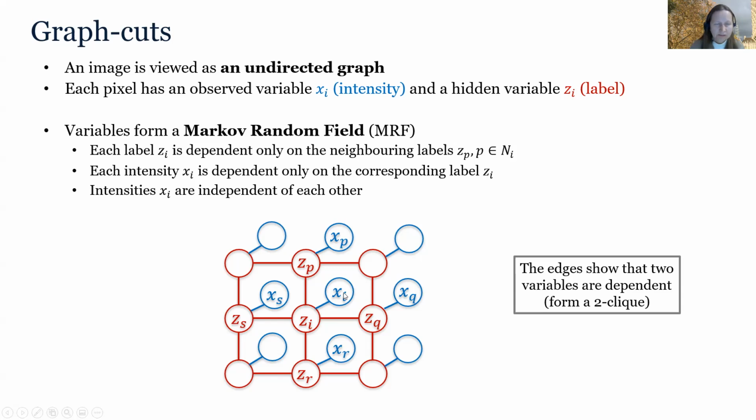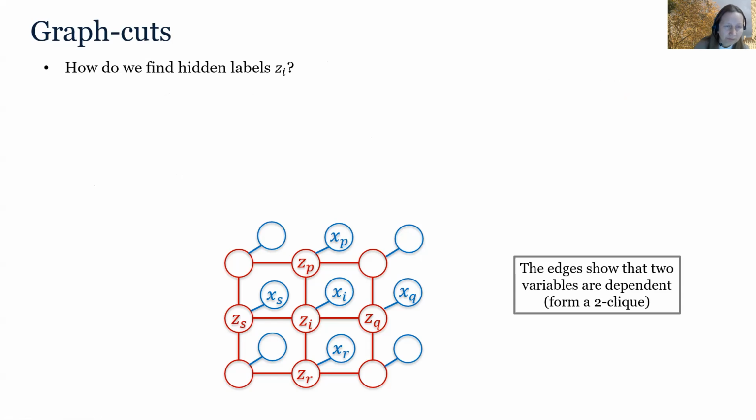Okay, so this is our graph of dependencies, our Markov random field. These edges show that 2 variables are dependent, and we call it a 2-clique. Defining these dependencies and independencies helps us to model the probabilities. Without that, it would be intractable.